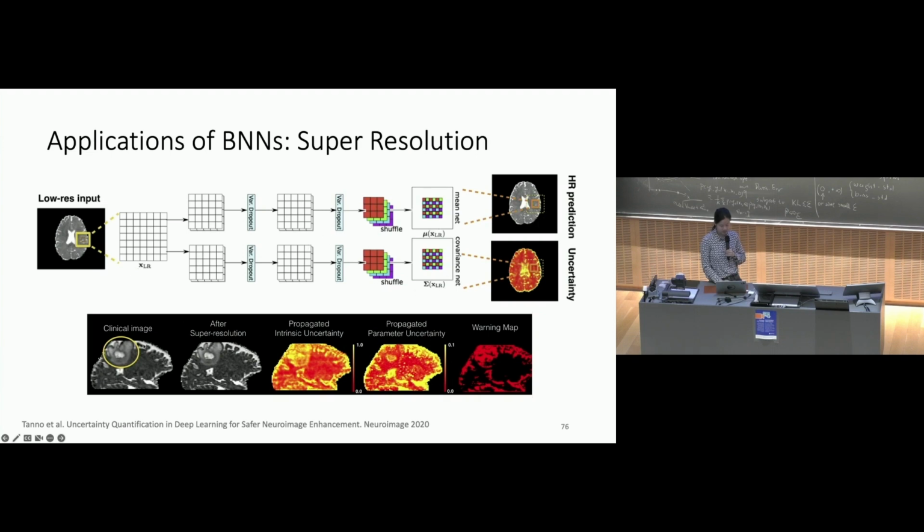But at the end of the day, given this low resolution image, they can get super resolution results, and they can produce what they call intrinsic uncertainty, which is essentially the model uncertainty. And this parameter does not mean neural network parameter. This is not the same meaning.